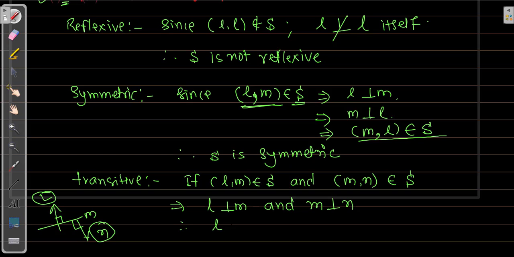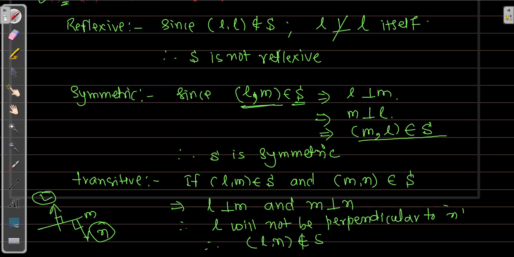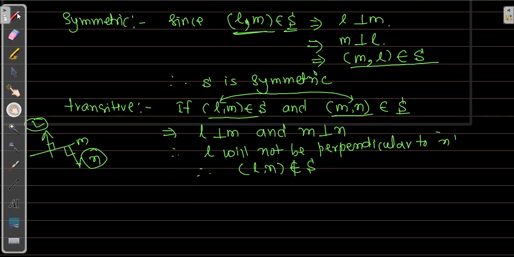Therefore, line L will not be perpendicular to line N. Therefore, the ordered pair (L, N) does not belong to S. See, these two ordered pairs (L, M) belongs to S, (M, N) belongs to S, and if it is a transitive relation, then there should be the ordered pair (L, N) also belongs to S, but here (L, N) does not belong to S. Therefore, we will say that the relation S is not transitive.